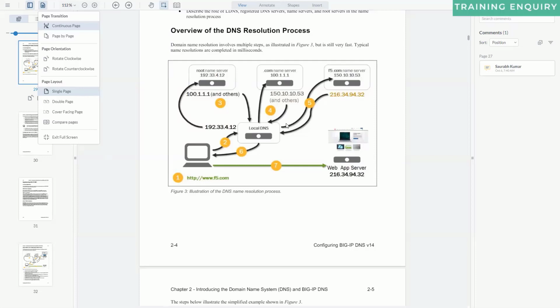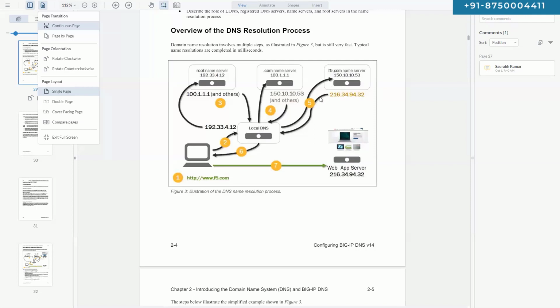So the TLD will provide that entry to the local DNS. This local DNS is also known as the recursive server, or DNS recursive server. It's working as a mediator between the client and the root servers, TLDs and then the authoritative server.